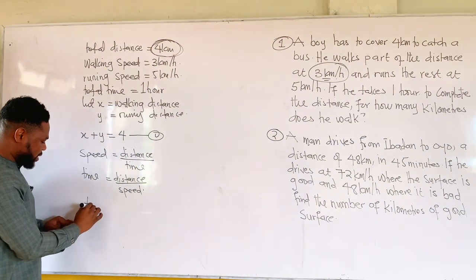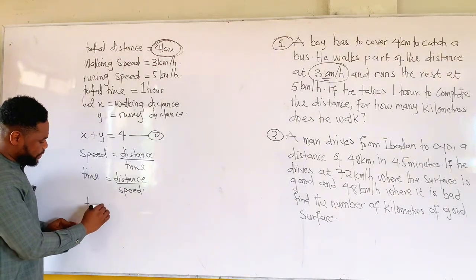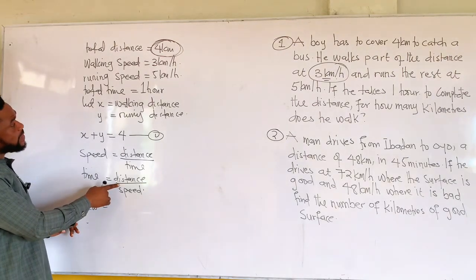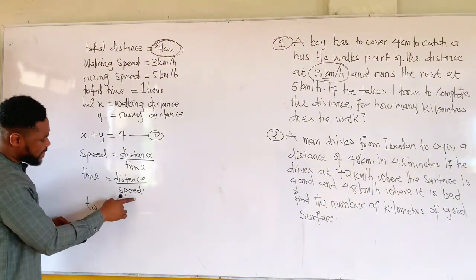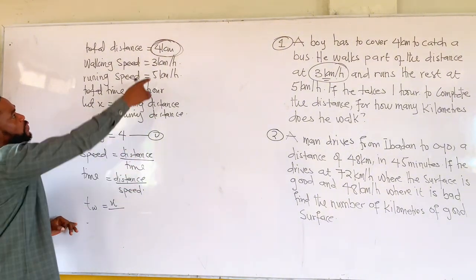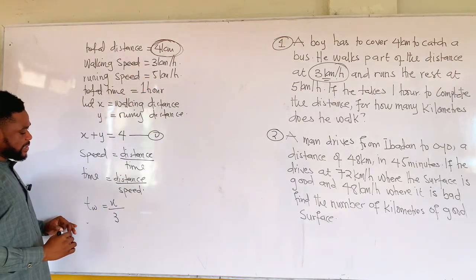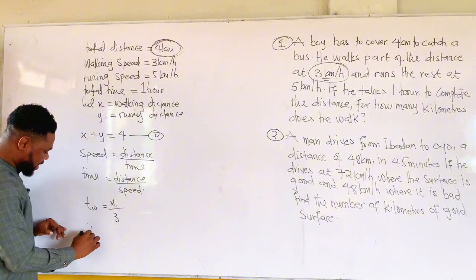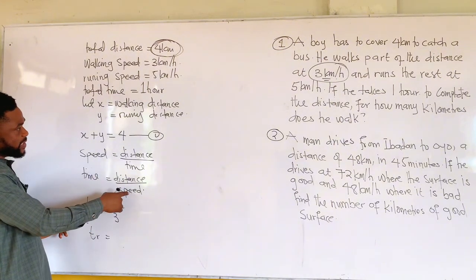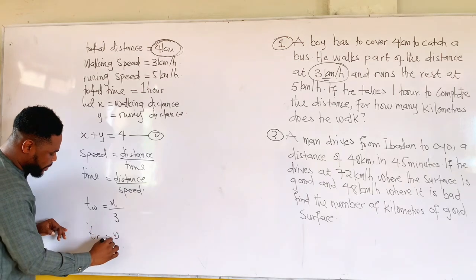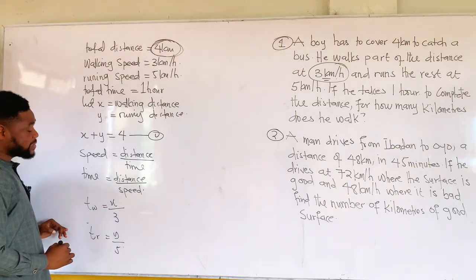So time for walking, let me use TW to represent it, will be equal to distance for walking, which will be x, divided by speed, which will be 3. So we have this as we can see here. Again, let us find time for running, which will be distance over speed, and the distance is y, and the speed for running is 5, all right, as we can see here.